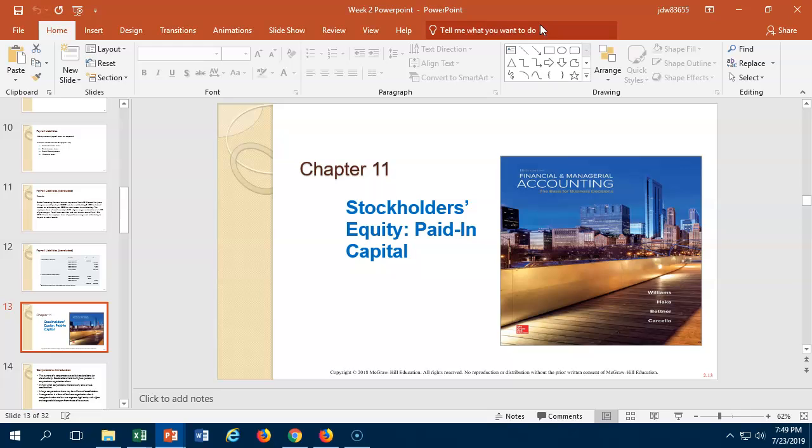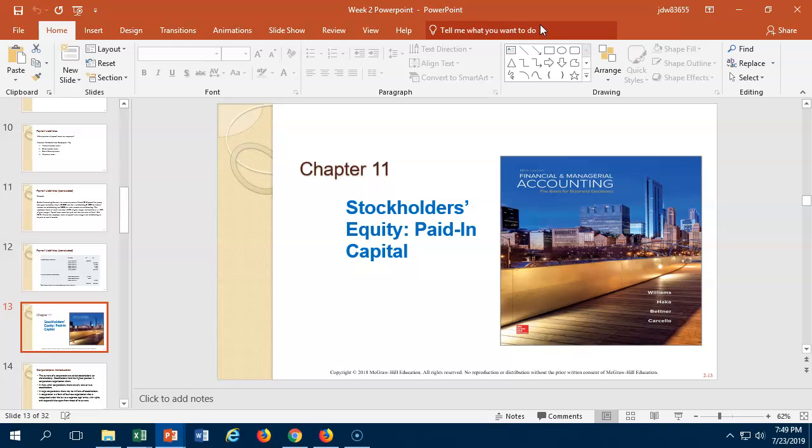Yeah, and so think of it as in exchange for stock. Another way to say contribution for a corporation would be, in exchange for stock, you contributed money in exchange for a stock certificate and ownership in a company.